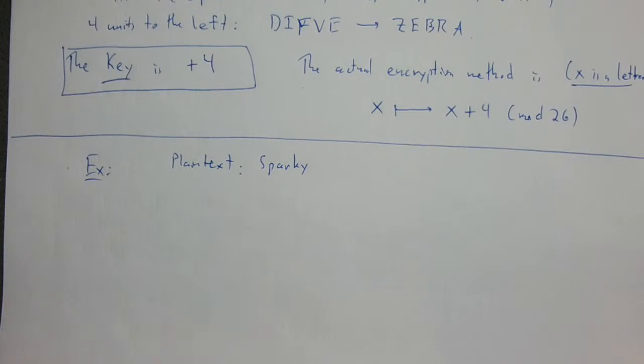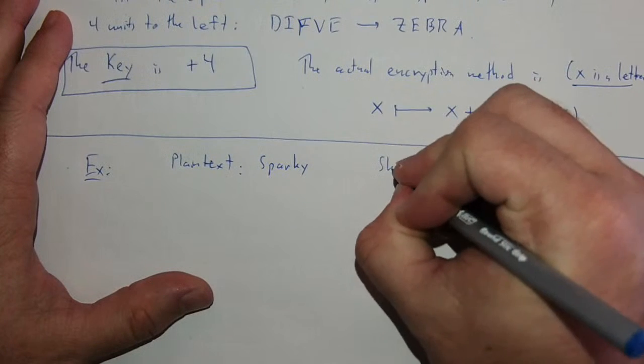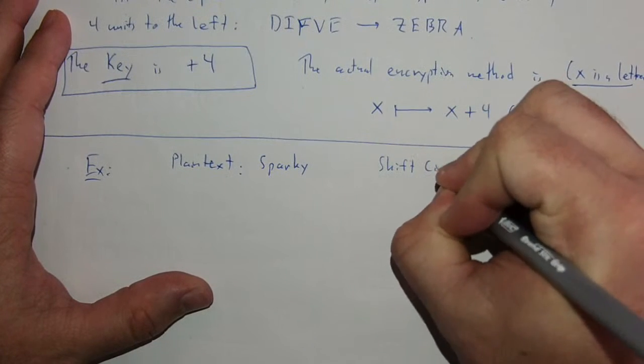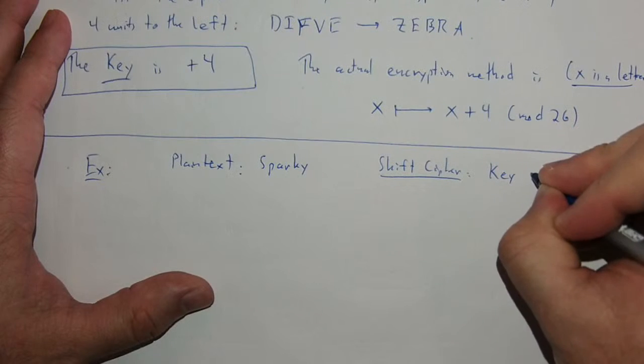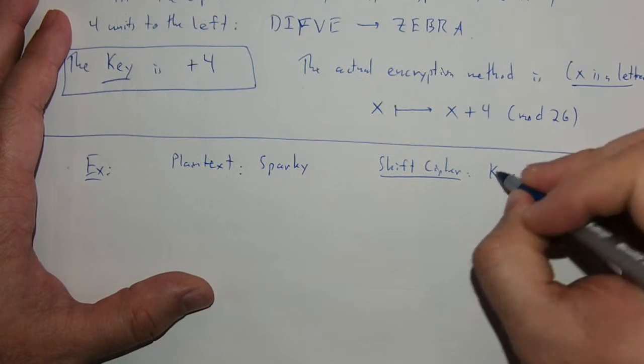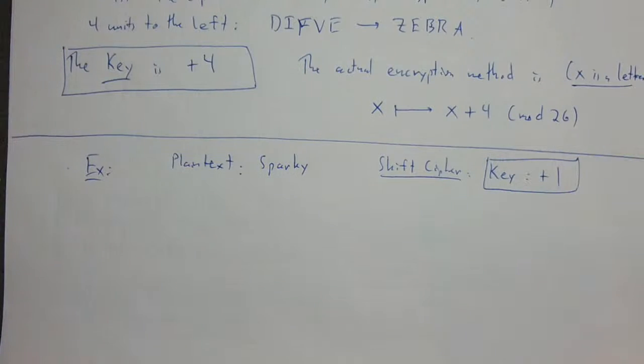So your plain text is Sparky, and you want to use Shift Cipher, and the key is +1. All right. So you're shifting every letter by 1.